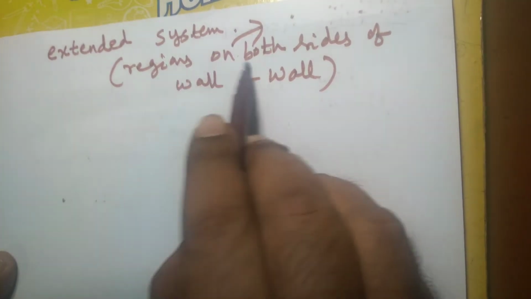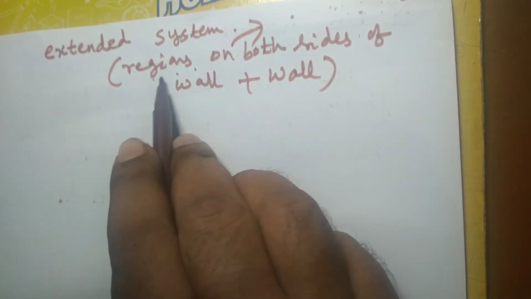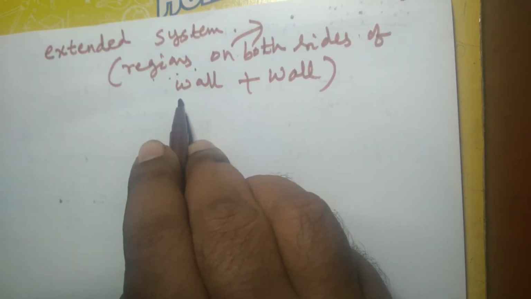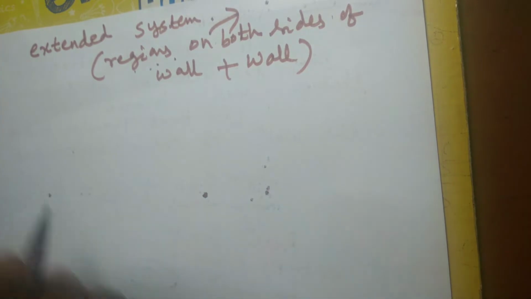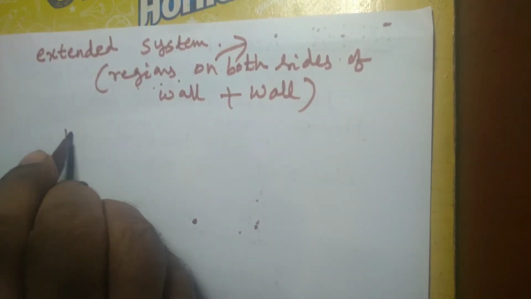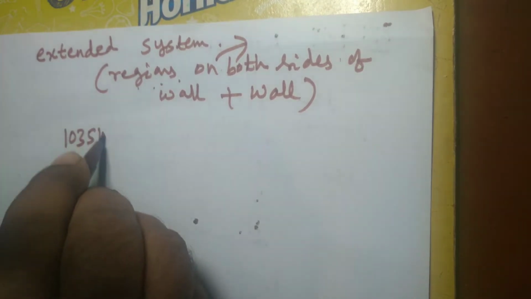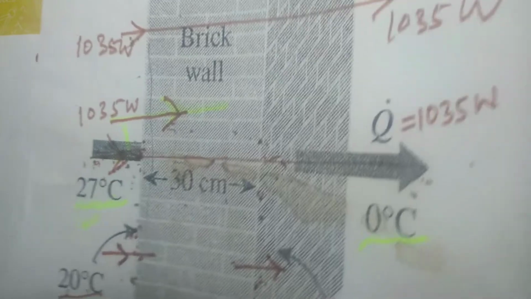So this is the regions on both sides of wall, and those two regions are called buffer zone. So if we take those regions into account, now our entropy balance equation will be 1035 Q dot by T, same heat is flowing through the system, through the process.